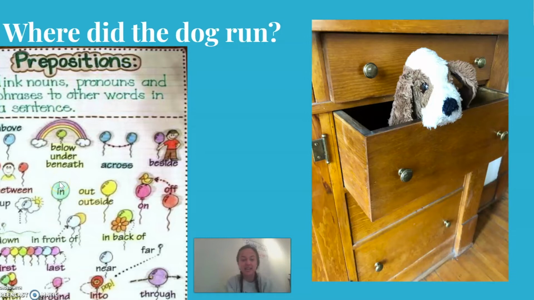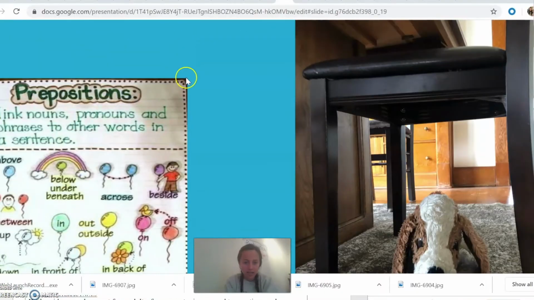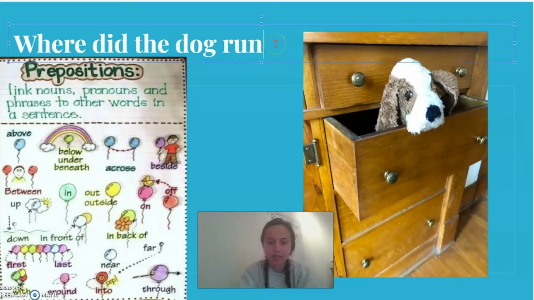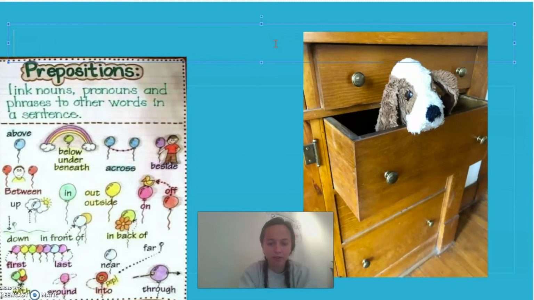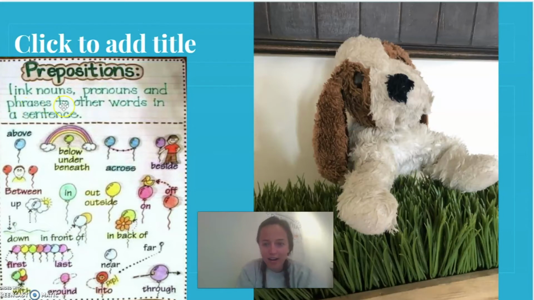In is a preposition right here. He's in the shelf. The dog ran in the shelf. So the preposition I'm going to write for where the dog is now is in. That's a preposition, in the shelf. Because a preposition is a linking word that tells us where. All right, where did the dog go this time?